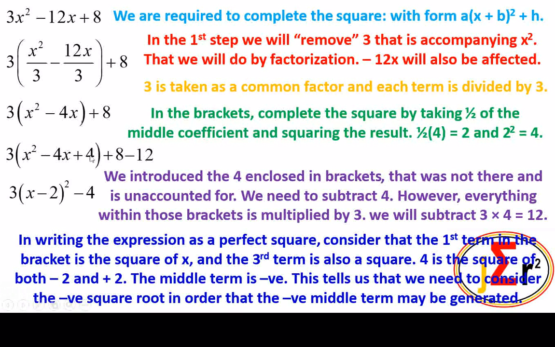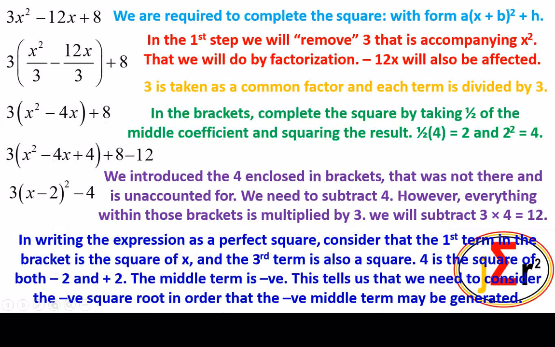It is the square of something. We know that 4 is the square of positive 2, and we know that it is also the square of negative 2. However, the middle term is negative. So we are sure that the other term is negative 2.